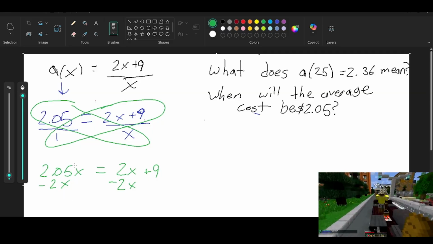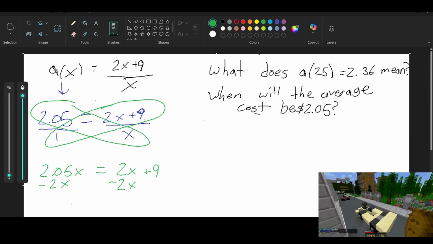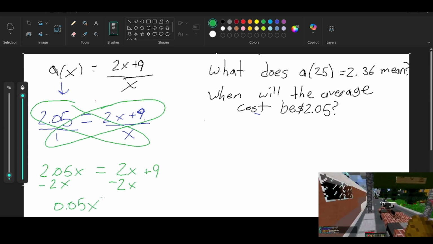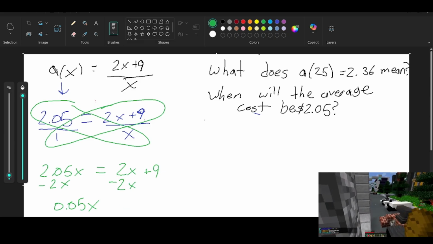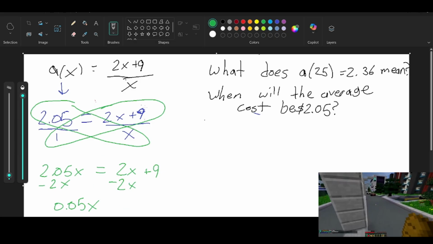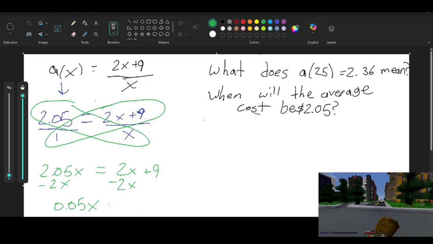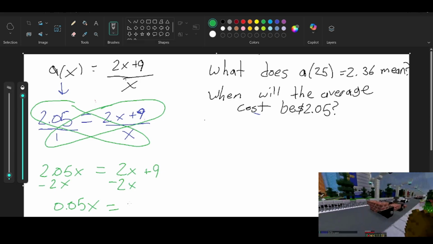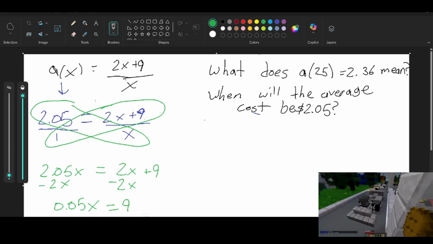So 2.05 minus 2, that's just 0.05x. Anytime we're adding or subtracting, it doesn't change whether this is x squared, it doesn't get rid of the x, it just changes the number in front. So I get 0.05x, and I have that equals 9.